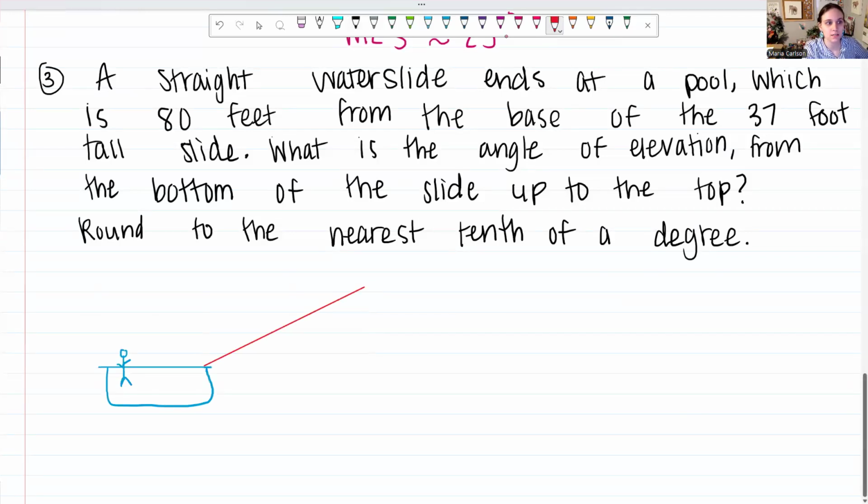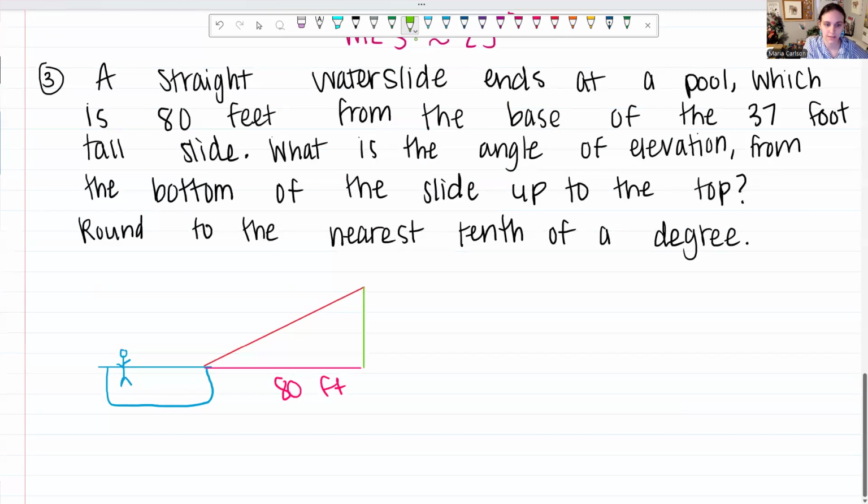And it is 80 feet from the base of the slide, which is where it stops. So from the bottom of the slide to the base, this is 80 feet. And then the slide itself is 37 feet tall.